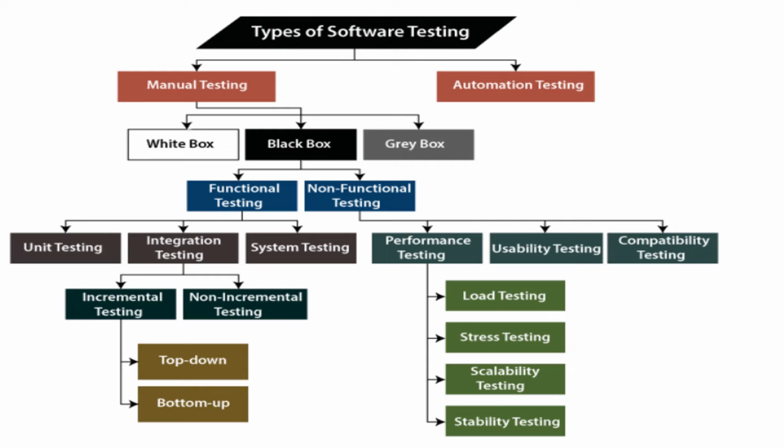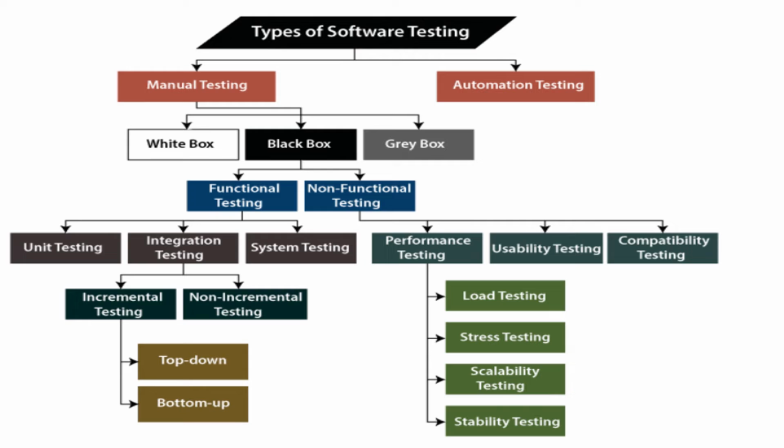So in functional testing, we have smoke testing, sanity testing, and regression testing. Smoke testing is used to check whether the software is suitable for testing or not, whether on the login page we are able to log in and view all the modules or not. For that we need smoke testing.